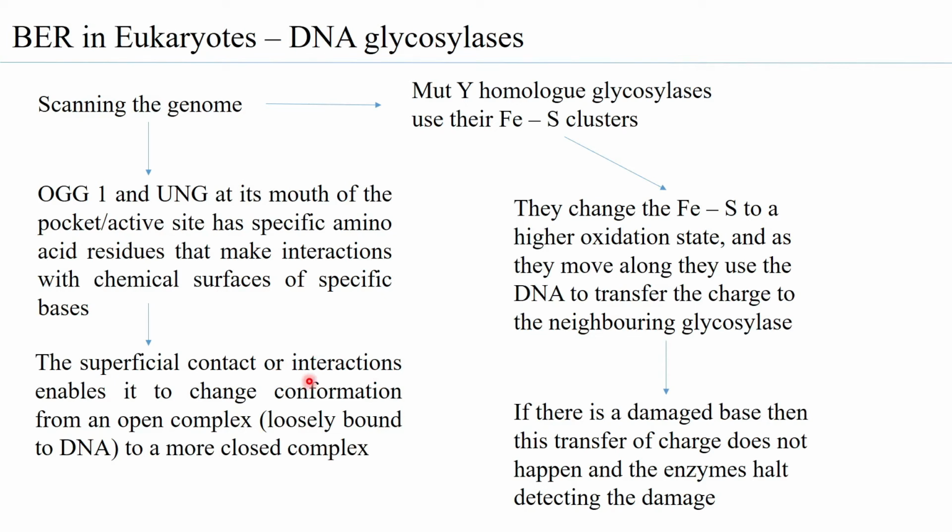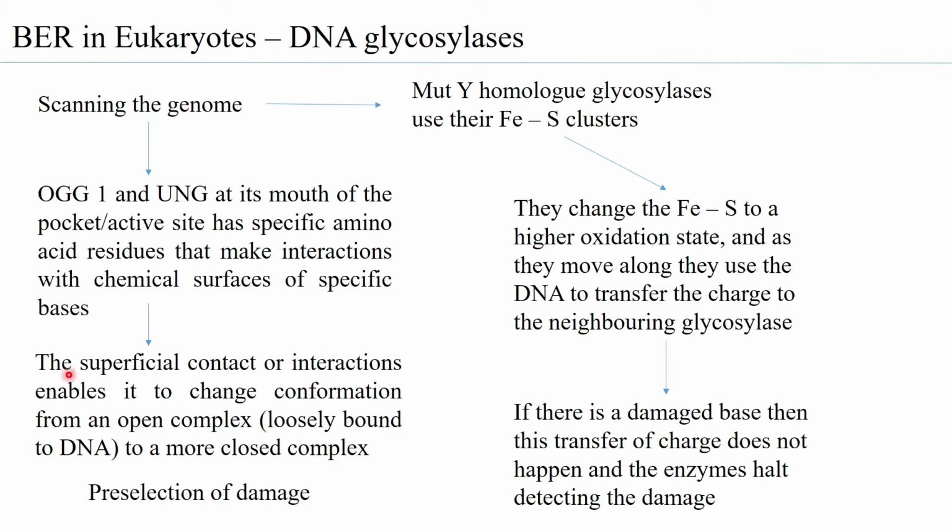If you have normal bases, the enzymes remain as open complexes, attached to the DNA and scanning the DNA. But when one reaches a base lesion, it changes from an open to a closed conformation, and that marks the presence of the lesion.